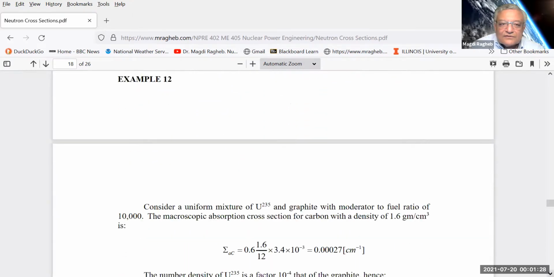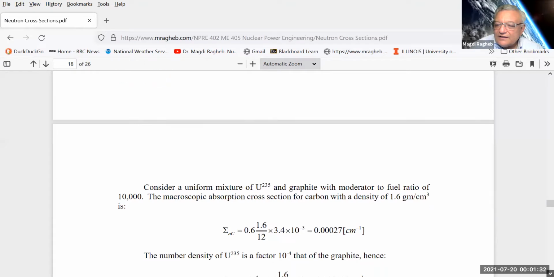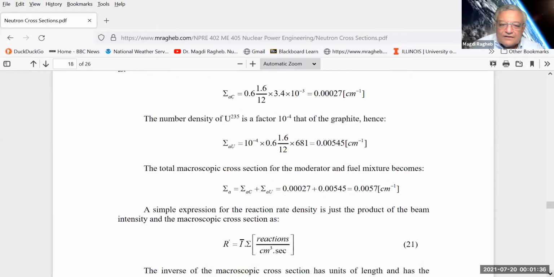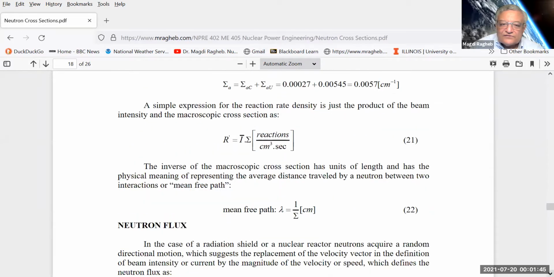And in that case, it has the meaning of a mean free path. So the inverse of capital Sigma has the physical meaning of the mean free path, the distance traveled by the neutron between two interactions in the medium. So lambda here is described as 1/Sigma.